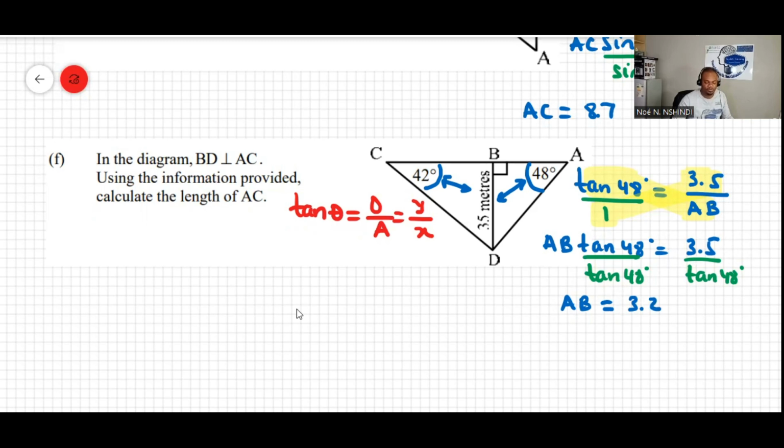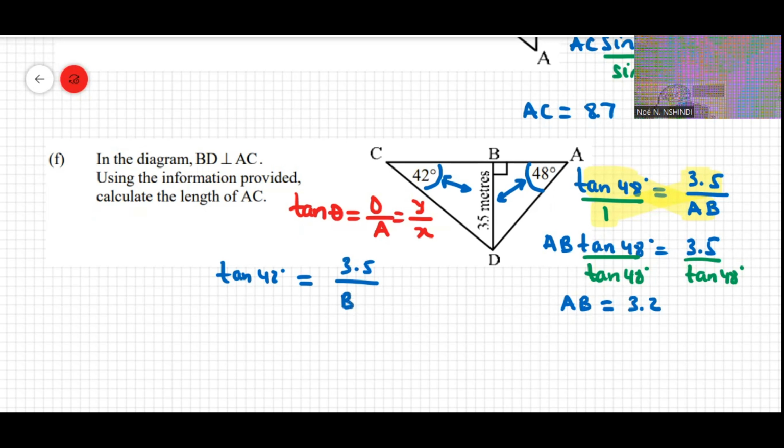Now we can use the same formula to find BC. That's going to be tan of 42 degrees equal to opposite side, which is 3.5, over adjacent side, which is BC. Then cross multiplication, with an invisible 1 over here: tan 42 times BC and then 1 times 3.5. That will make BC tan 42 equal to 3.5.